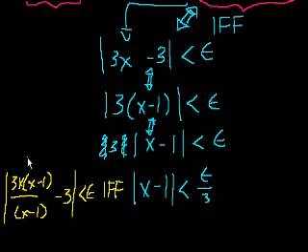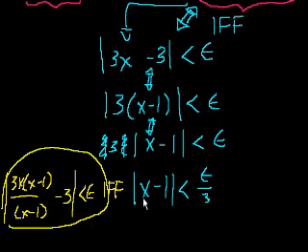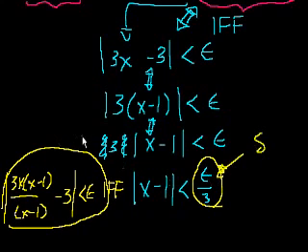So this is true as long as the distance between x and 1 is less than epsilon over 3. So we can just use epsilon over 3 as our delta. Remember, the whole point of this was, you give me an epsilon, you give me a distance, or you say, I want to be within this distance of my limit point.